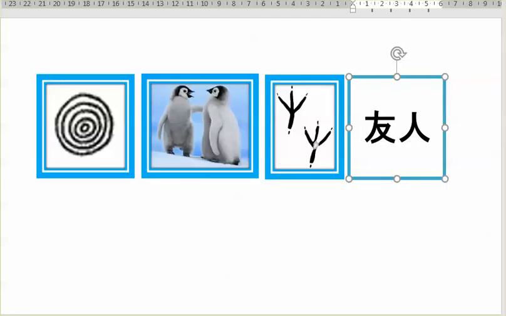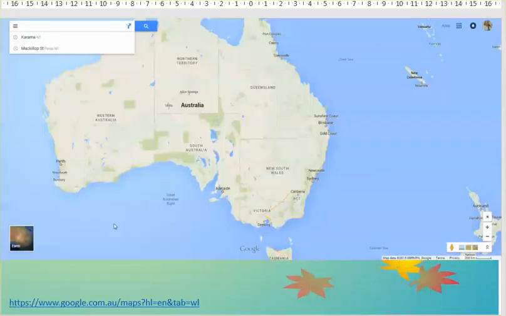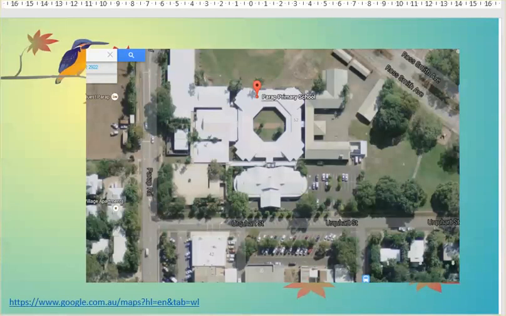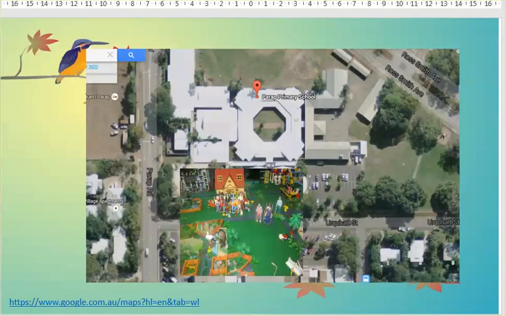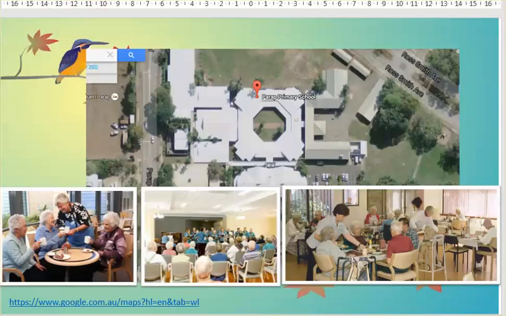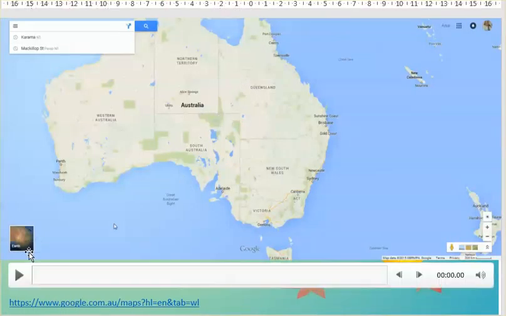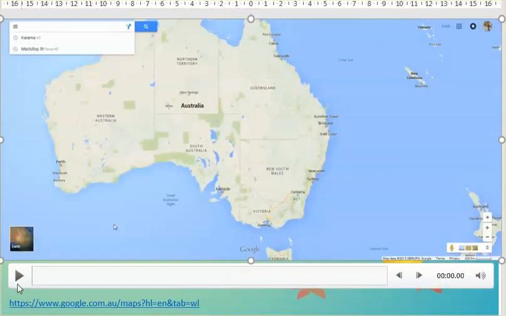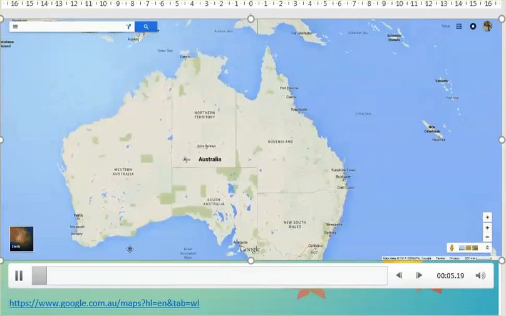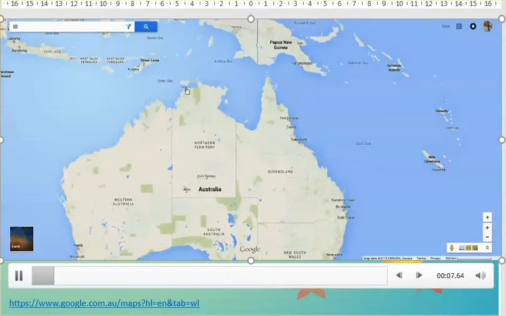Another way to start an exploratory phase would be to go through Google Maps and show students a relationship between, say, where we are and where the people who speak the language you want to teach are. Obviously, even if it is Chinese or Japanese, they don't only live in China and Japan.